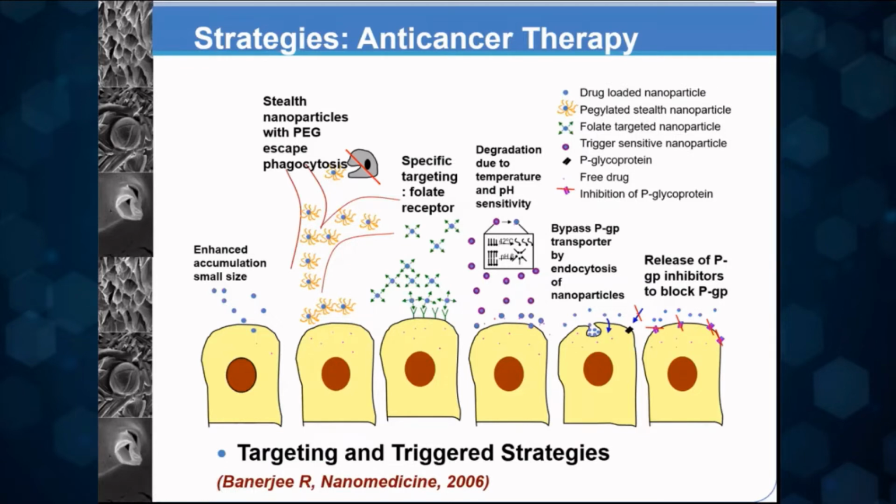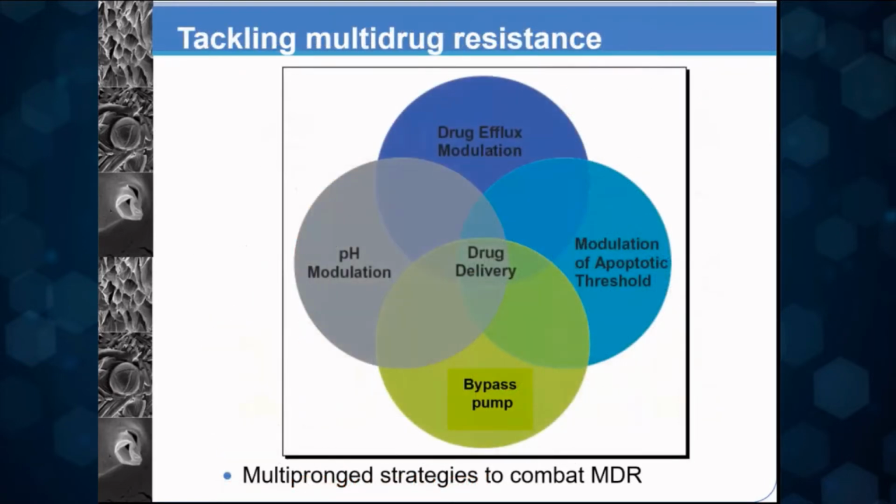And the interaction between the ligand and this receptor is going to give you enhanced receptor-mediated endocytosis, which means that basically the cell is going to assist you in the internalization of the drug at the target site. And then there are also additional challenges, particularly in the form of resistance.